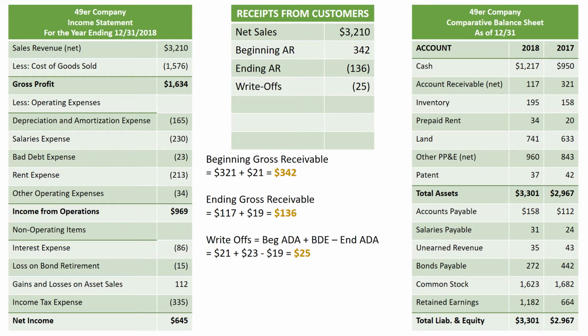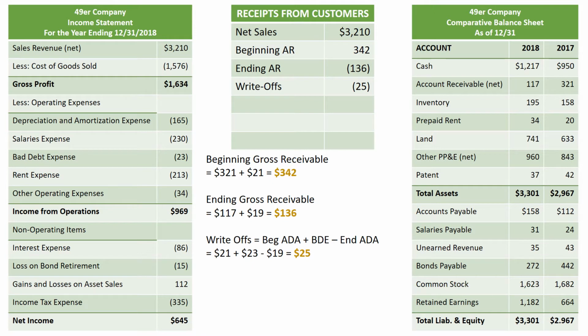All right, now the write-offs account can be a little more tricky. The idea here is that you have your beginning allowance for doubtful accounts. Any bad debt expense will increase the balance in the allowance for doubtful accounts. And then if we want to know how much we wrote off, we have to subtract what we have left over in our allowance for doubtful accounts. And so a write-off decreases the allowance for doubtful accounts account in addition to decreasing the receivables account.